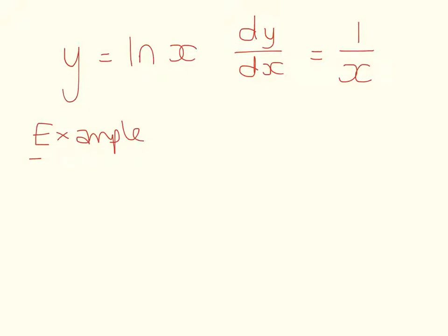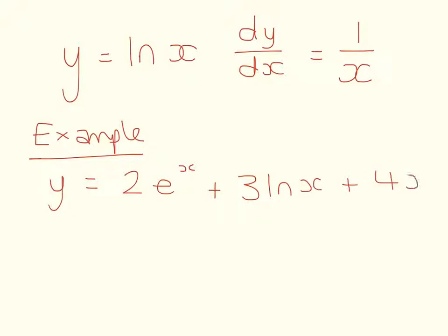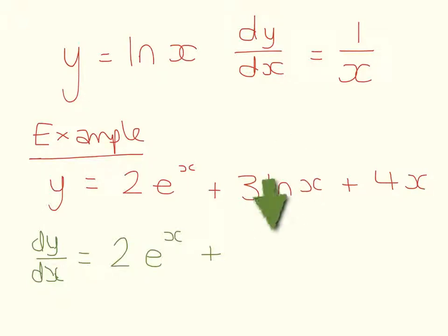So for our example, if we have y equals 2e to the x plus 3 log x plus 4x, and I wanted to differentiate that, then y becomes dy by dx, and 2e to the x, well, e to the x doesn't change when we differentiate, that stays as e to the x, plus this log x here will change to 1 over x.